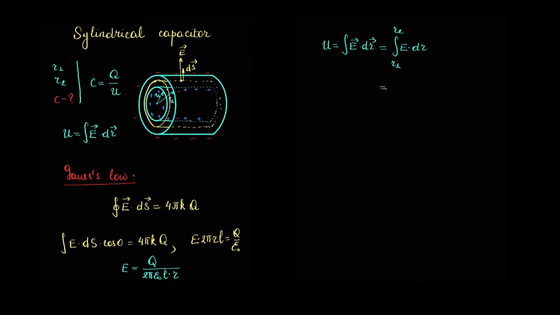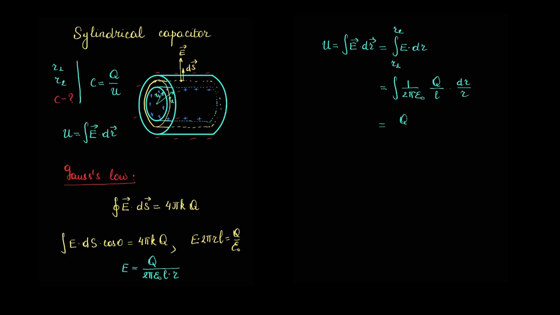Now the electric field strength which we have found is Q divided by 2 pi epsilon 0 L r, so we have Q divided by 2 pi epsilon 0 L multiplied by the integral of dr over r, from R1 to R2. If we integrate 1 over r, we get just ln r.